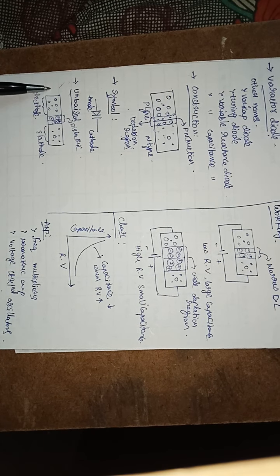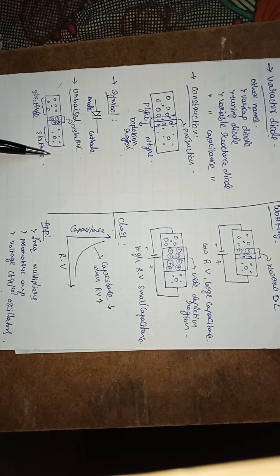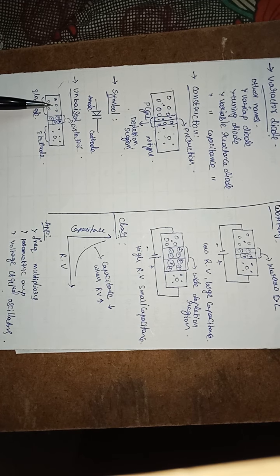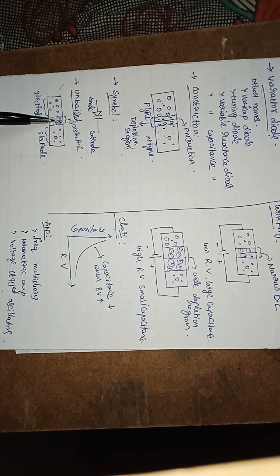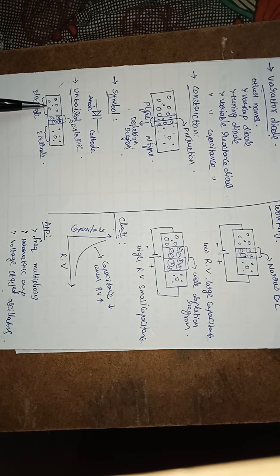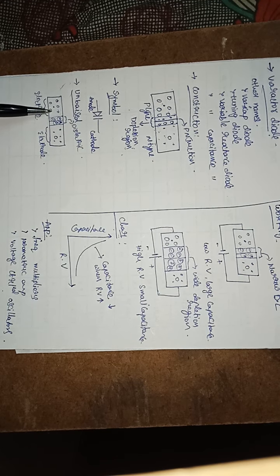So when there is no applied voltage, the electrons move across the region towards the p-type side, whereas the holes move towards the n-type material.